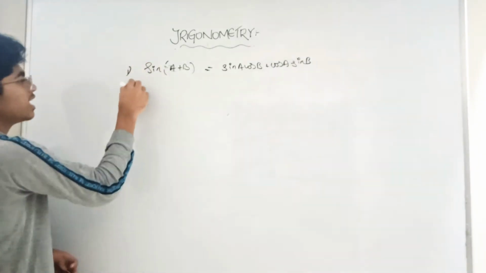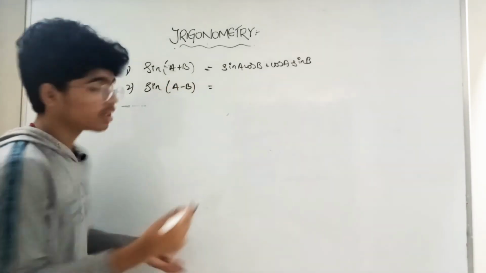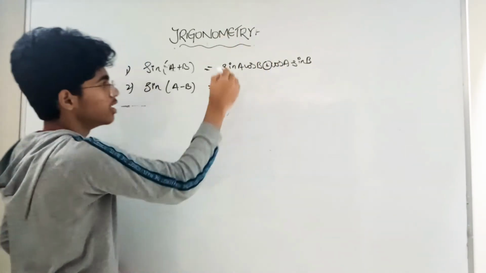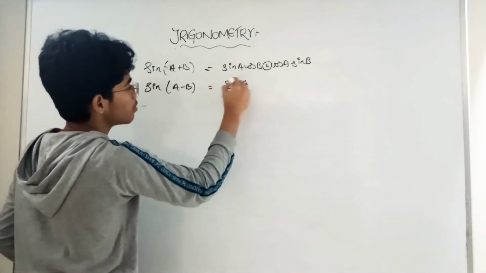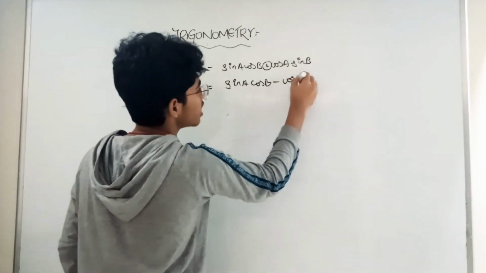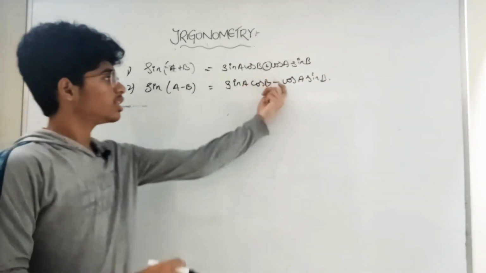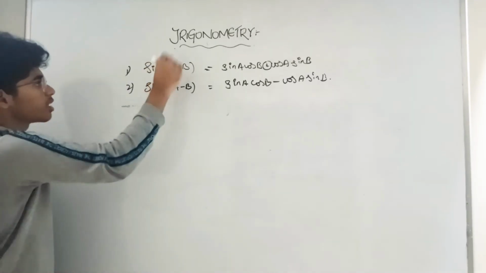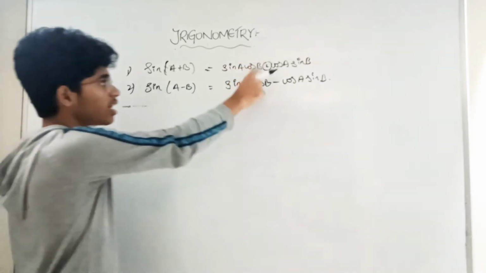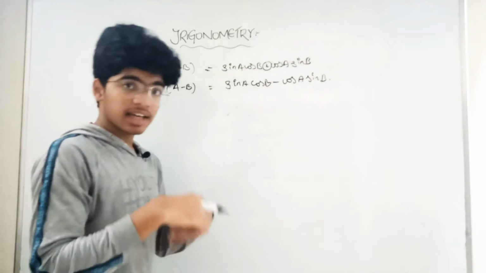Next one we have sine of a minus b. So what is sine of a minus b? The same formula, but all we have to change is the plus symbol. So sine a cos b minus cos a sine b. So for remembering this formula, we just need to remember that sine and cos are multiplying with each other with angles A and B, we have two terms like that, they're added, and the angles are interchanged.